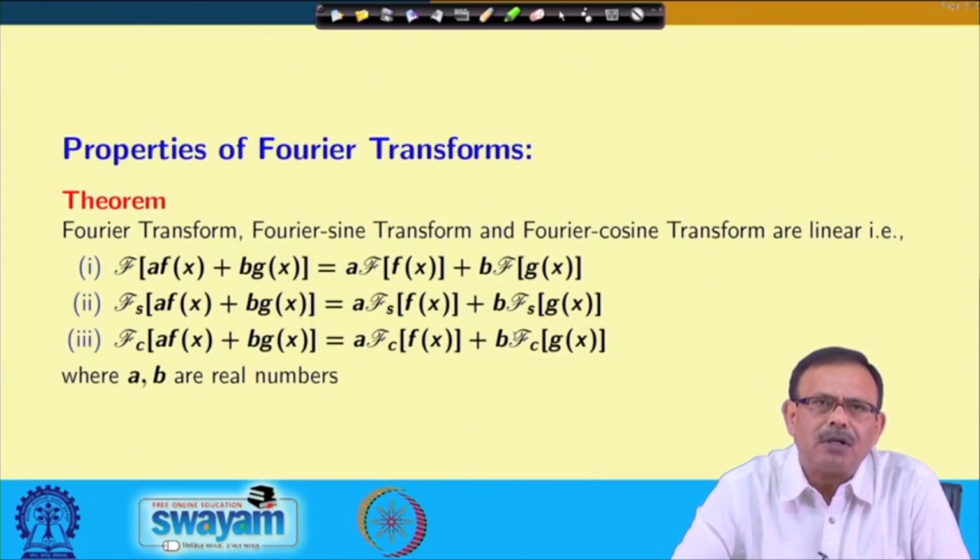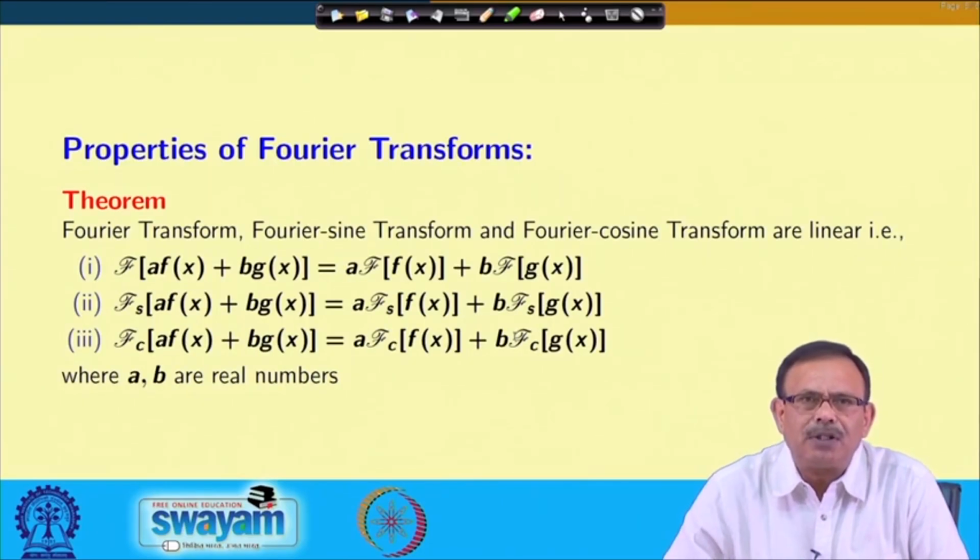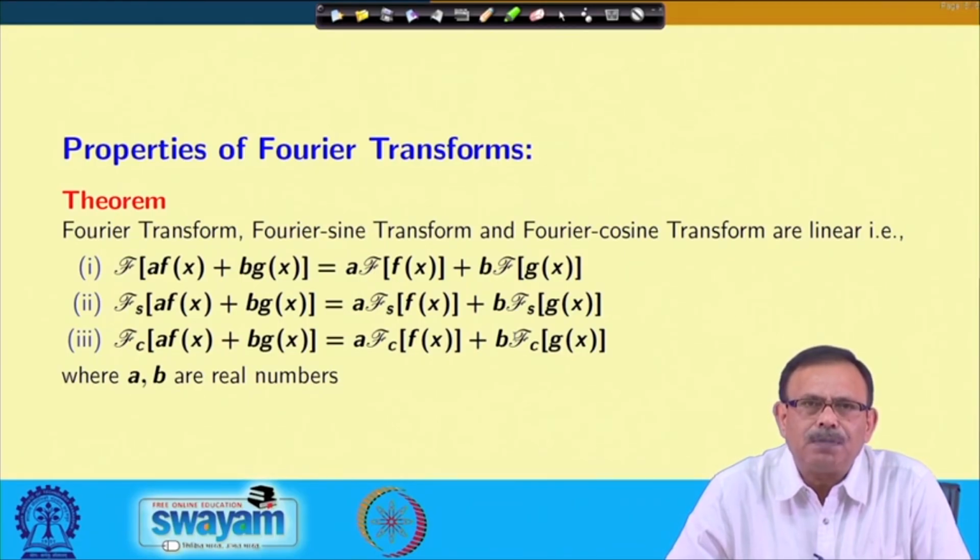Now, let us come to certain properties of Fourier transform. We have written three properties: Fourier transform, Fourier sine transform, and Fourier cosine transform are linear. What is the meaning? This same thing you have observed for Laplace transform also, that is, Fourier transform of a f x plus b g x equals a into Fourier transform of f x plus b into Fourier transform of g x.